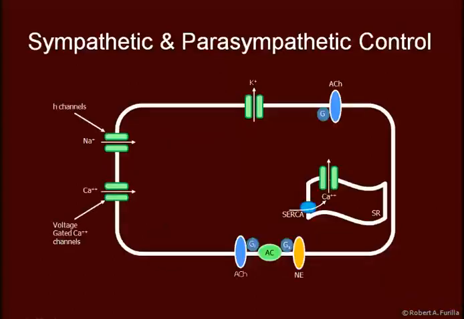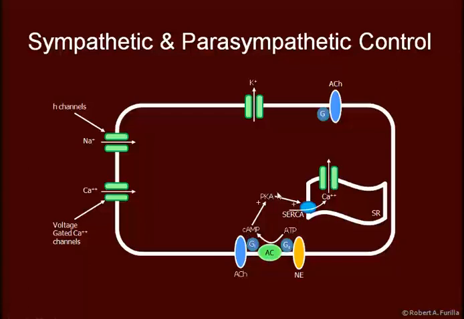So how does the sympathetic and the parasympathetic nervous system control this heart rate? We have parasympathetic ACh, acetylcholine, activating an ACh receptor and a G protein here, and I'm showing another one here, and norepinephrine activating a G protein, which then stimulates adenylate cyclase. Let's talk about sympathetic control first. In this example, norepinephrine stimulates a G protein, which activates adenylate cyclase, which generates cyclic AMP.